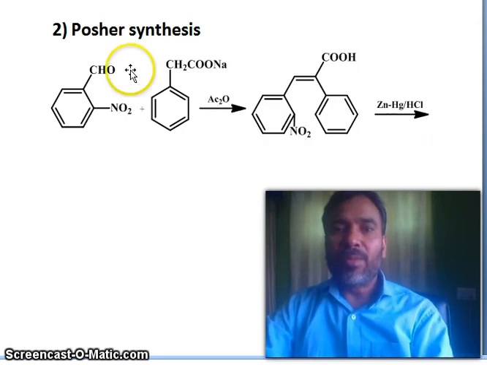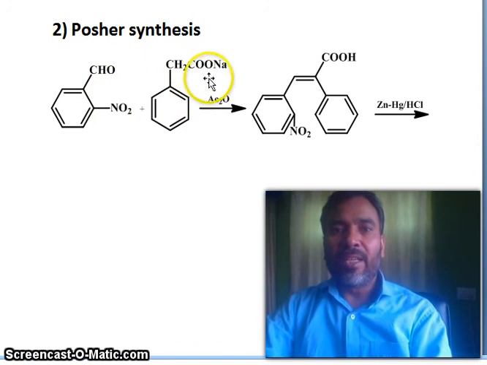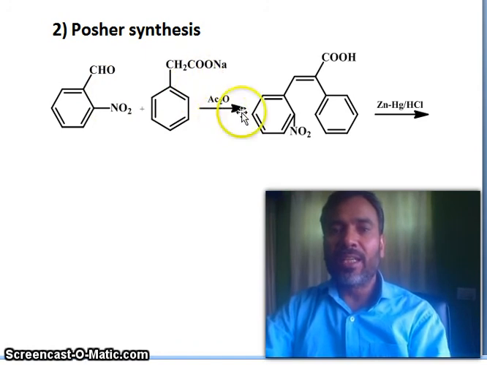Another method for preparation of phenanthrene: you can start from the nitro derivative of benzaldehyde and the phenyl derivative of sodium acetate in the presence of acetic anhydride.